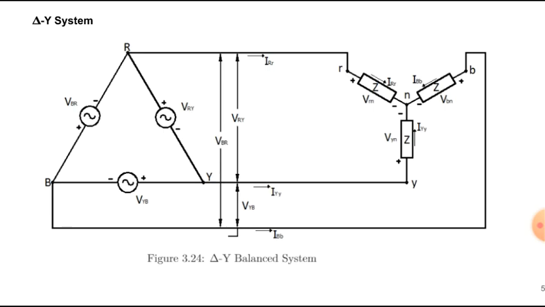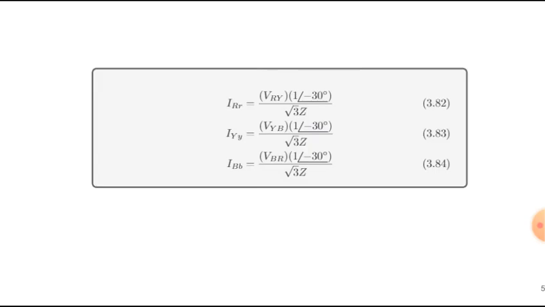Now, for a delta Y system, delta source and a Y load, let's take an example. Before we take an example, I have here a formula. We have here 1 angle negative 30.